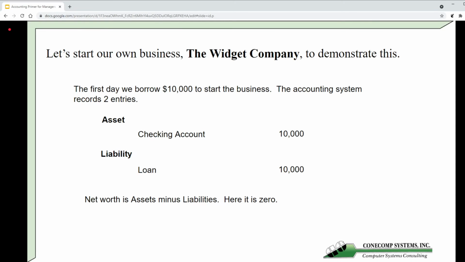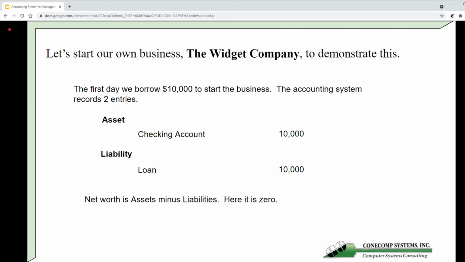So we're going to demonstrate that by starting our own business. We're going to call it the Widget Company. So the first day when we open a business, we go to the bank and we borrow $10,000 to start the business. In our accounting system, this would result in 2 entries against accounts. The first one is an asset account. We'd put the $10,000 into a checking account, and in our accounting system that would be listed as an asset.